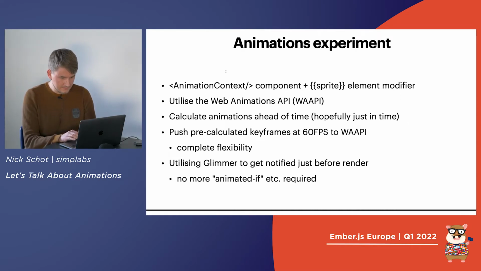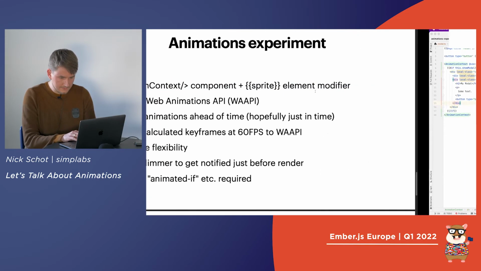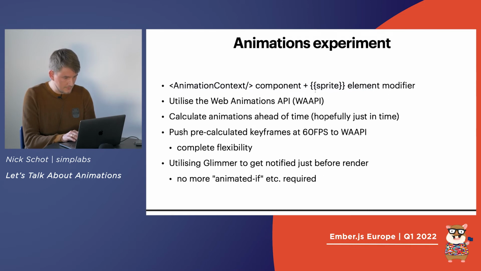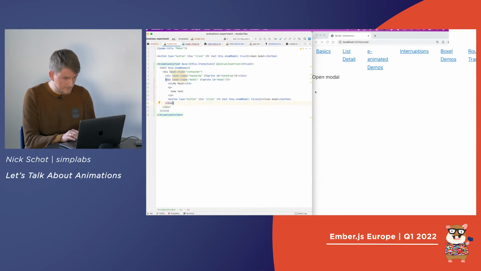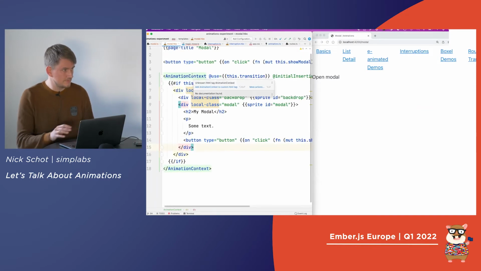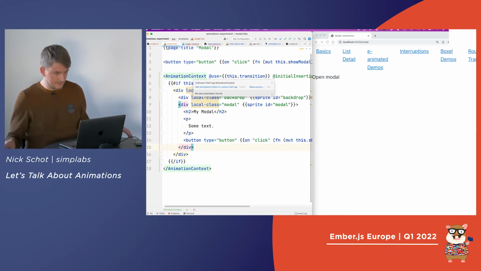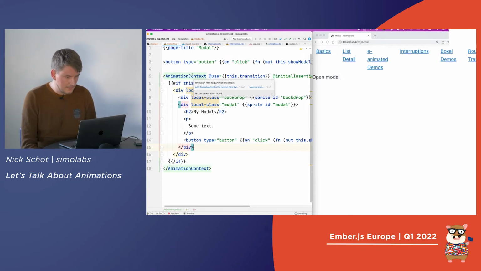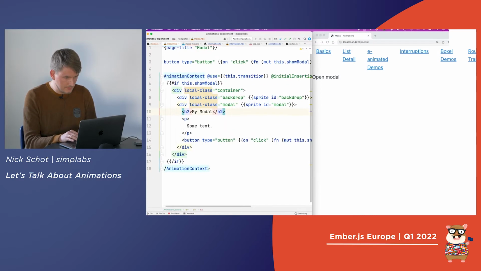And conceptually the first thing, and that's actually a really nice thing in my opinion, is that we were able to simplify the primitives you need to just an animation context and a sprite modifier, as opposed to all of the animated if, animated each, animated whatnot, which makes it conceptually a lot simpler.